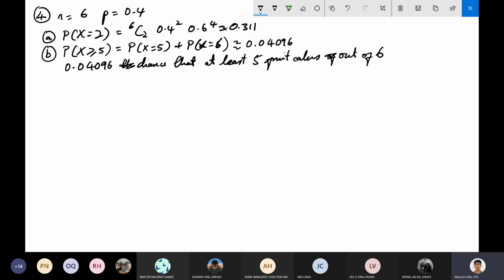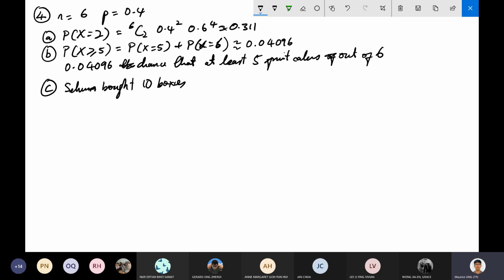Okay. Part C is different. Part C tells you that you want to buy boxes. You bought 10 boxes. Okay.